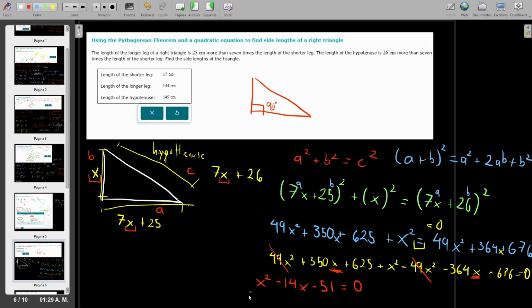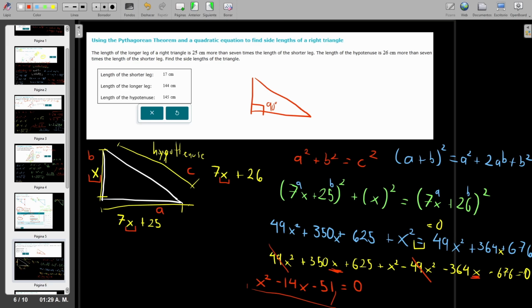Now, how do we make all of this in an equation? How can we factorize this part? Okay, this is going to be really simple.